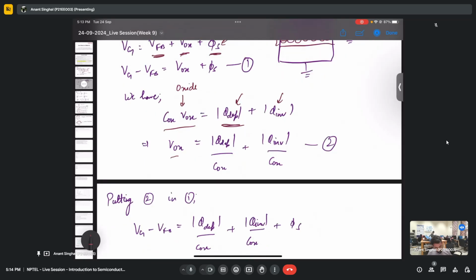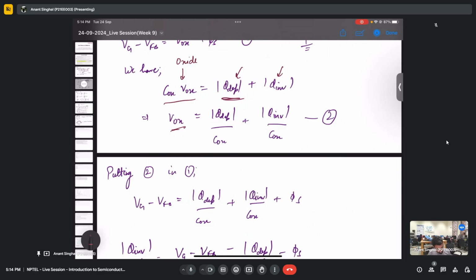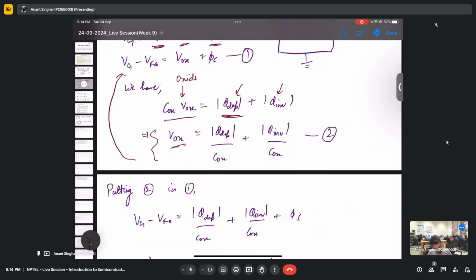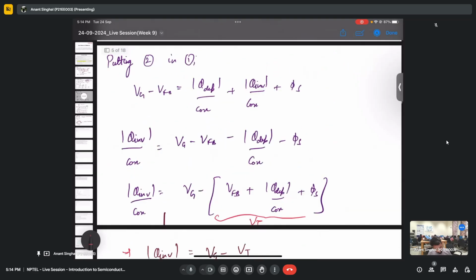From this, I wrote Vox very simply by dividing by Cox on both sides. I get the depletion plus the inversion charge over Cox, and I use this Vox in this equation. Once I did it, I got this relation in which I was more interested in calculating the inversion charge.